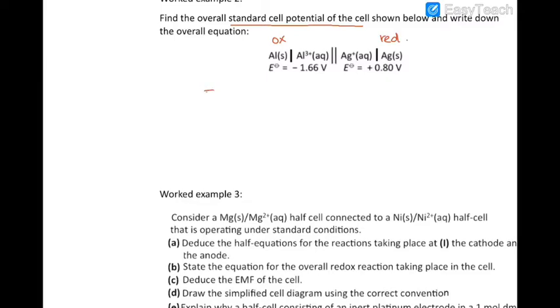The overall standard cell potential is going to be the standard electrode potential of reduction minus the standard electrode potential for oxidation, so that you get this value. This confirms the idea that the further apart the two metals are in the reactivity series, the higher the voltage that we're going to get.